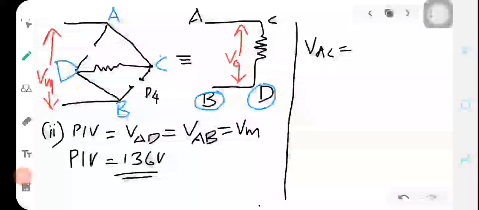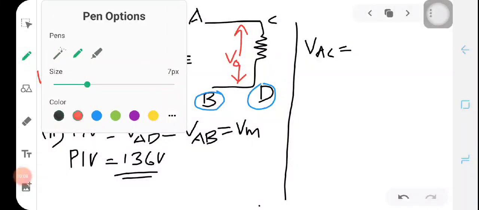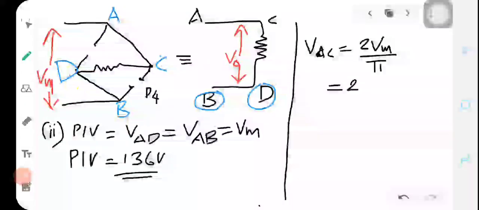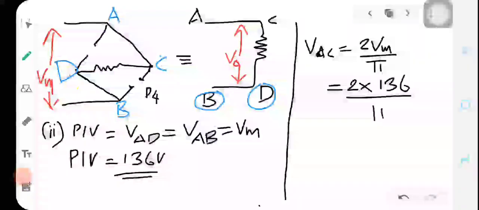Across which the DC voltage is given by VDC will be equal to 2 Vm by pi, which is equal to 2 into, since the voltage AB is Vm, so VCD will also be Vm, 2 into 136 by pi.